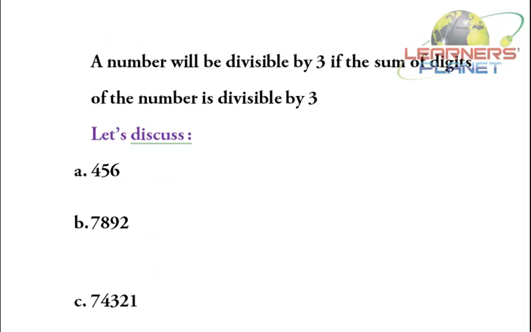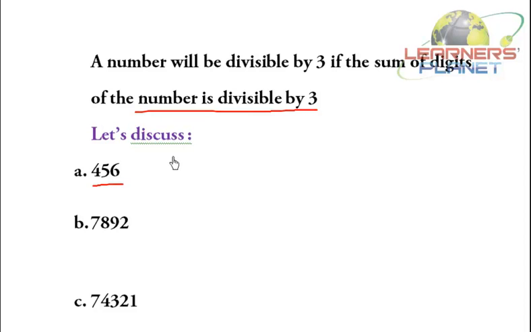Now let's see the divisibility test of 3. A number will be divisible by 3 if the sum of digits of the number is divisible by 3. Let's elaborate it with some examples. I have a number 456 over here, and according to the rule, I try to add the digits.